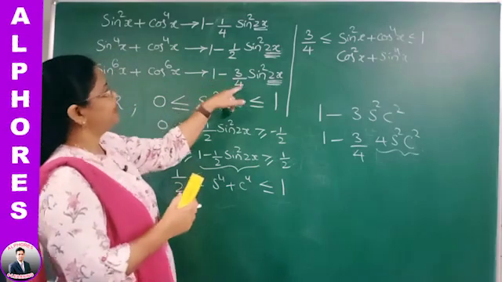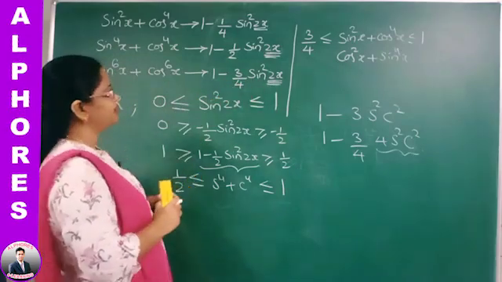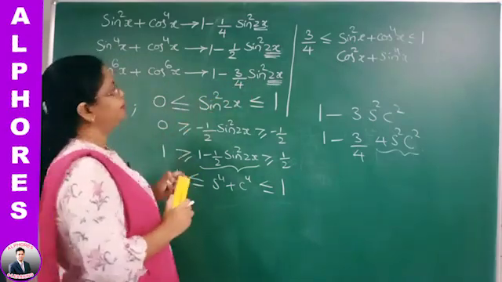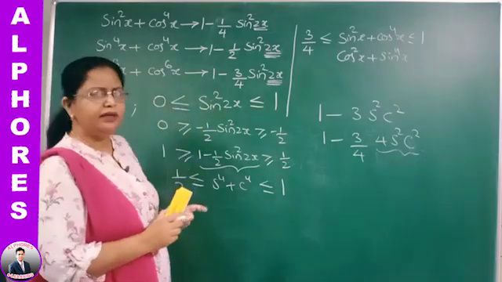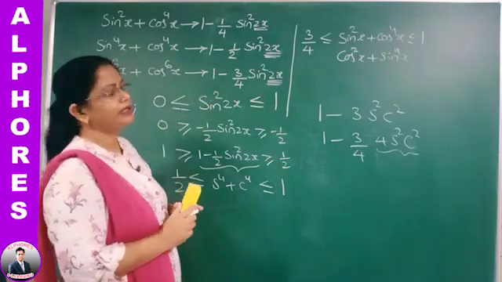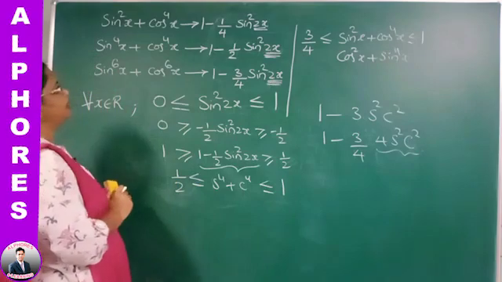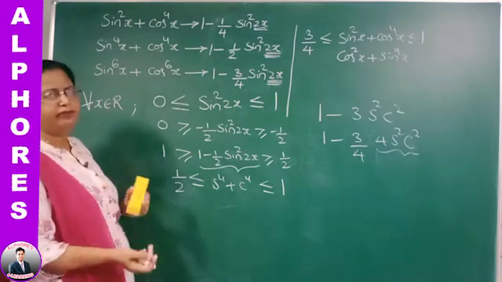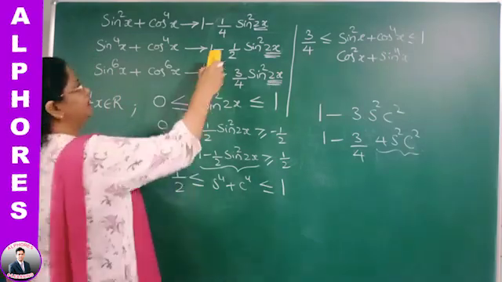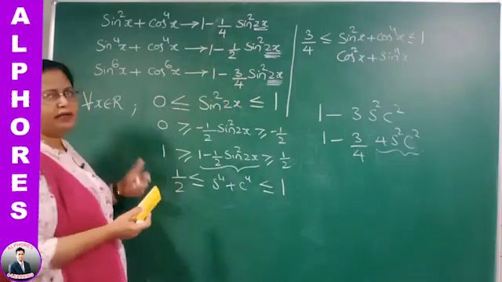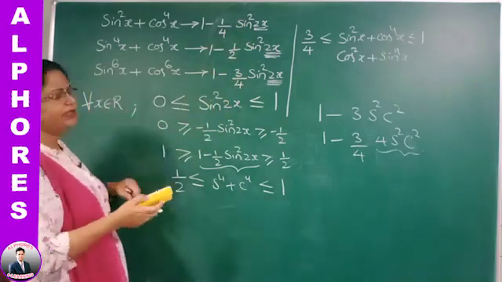So 1 minus 3 by 4 sin²2x you got, and in the same way if you proceed students, you can obtain the range of this particular function. So like this students, not necessary every time you have to go for a particular formula, and using simple values you can find the range of big functions also.